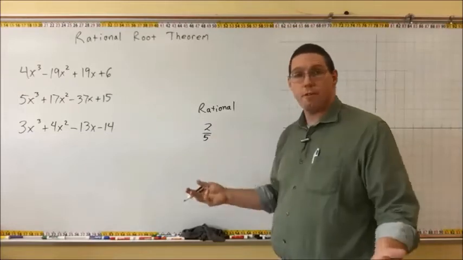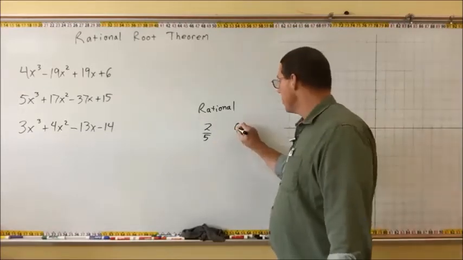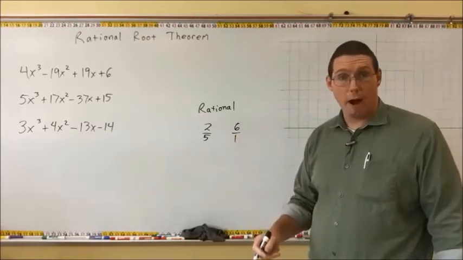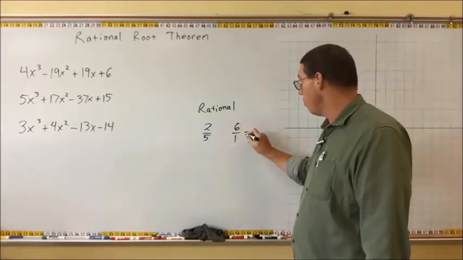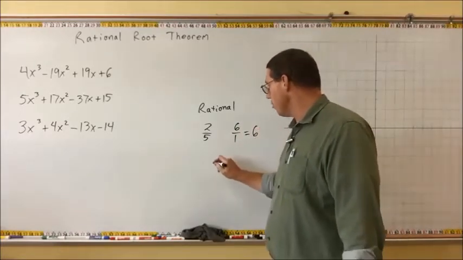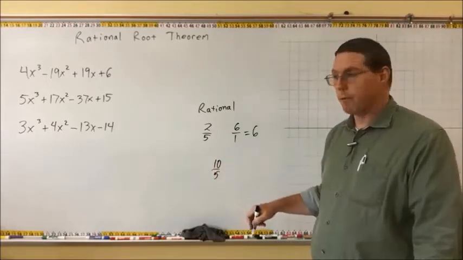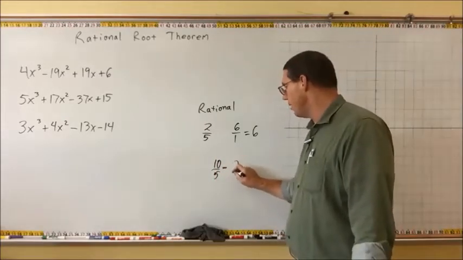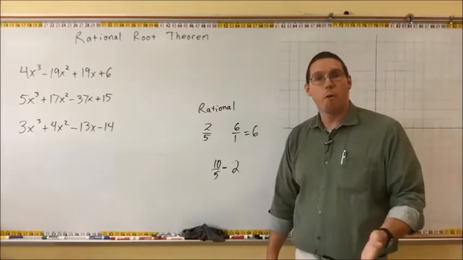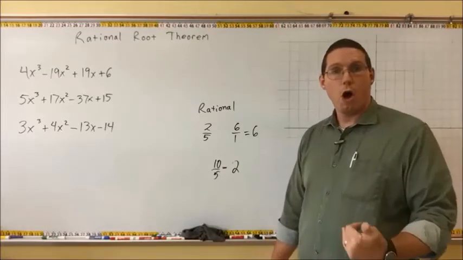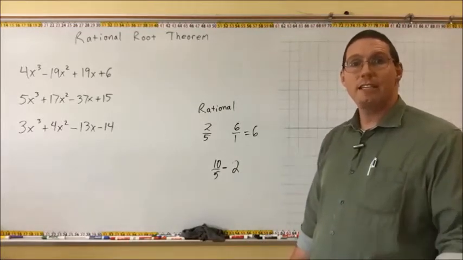So 2/5, that's a rational number. 6/1 is a rational number, although we know that 6/1 is equal to 6. Also, 10/5 is a rational number, but 10/5 can also be written as 2. And therefore, whole numbers are rational numbers.